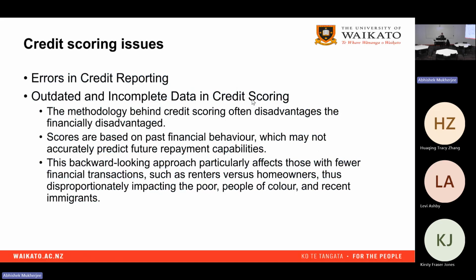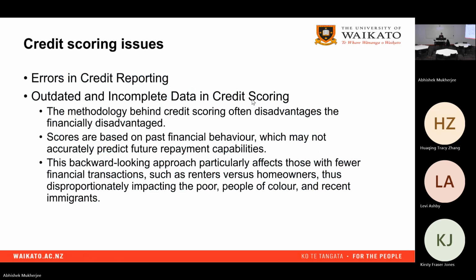When you migrate from a different country, you don't bring your credit score with you, so you're starting fresh. A new migrant in New Zealand will essentially have a zero credit score because they have no transaction history, and that makes them more risky.